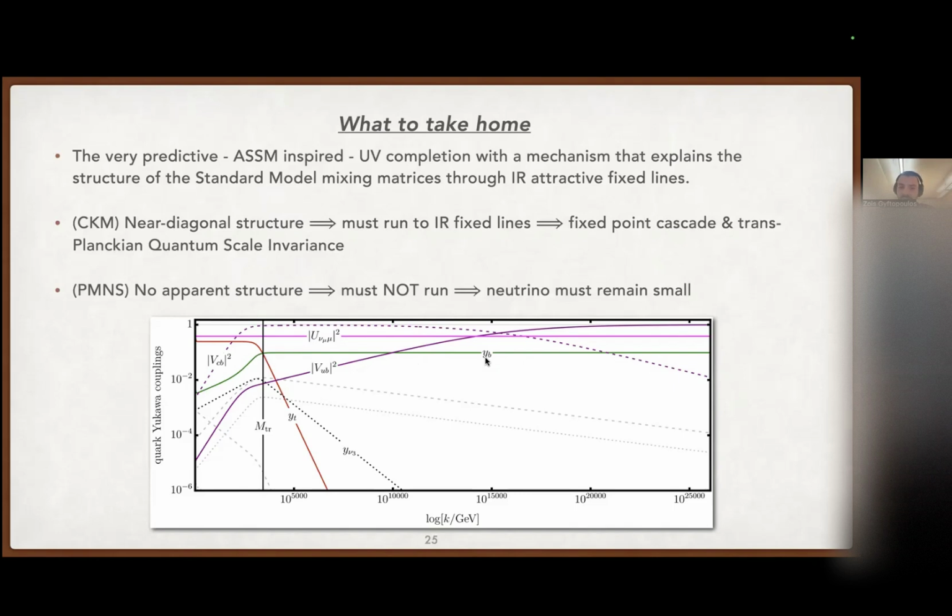And the fixed line is, of course, in the CKM elements. And if you flow from this fixed line, you're naturally flowing to this infrared attractive fixed line, which explains the structure of the CKM matrix.